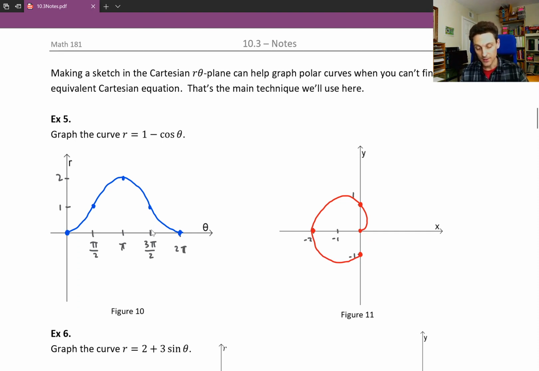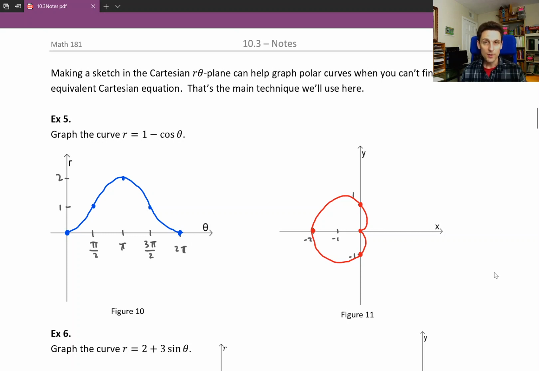And then the last leg of the journey is theta going from 3pi/2 to 2pi. There r is going from 1 down to 0. It's getting sucked right back into the origin as your theta goes from 3pi/2 to 2pi.